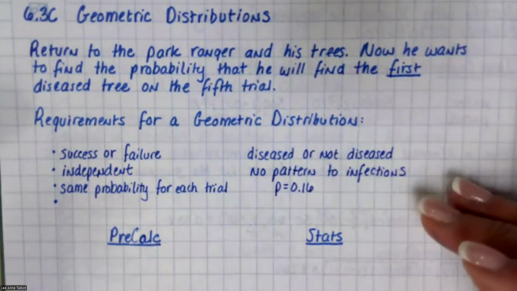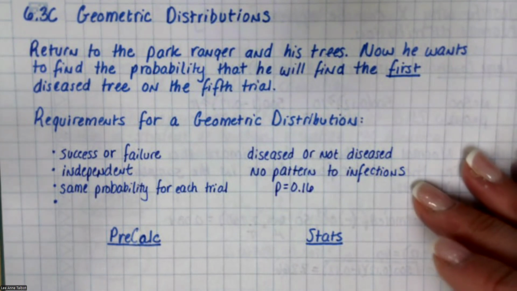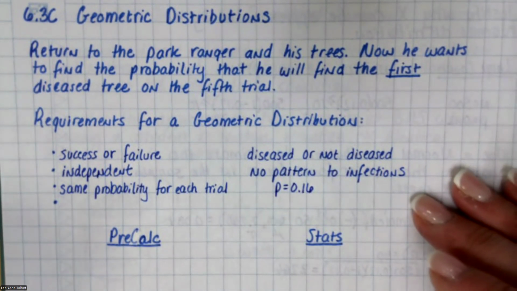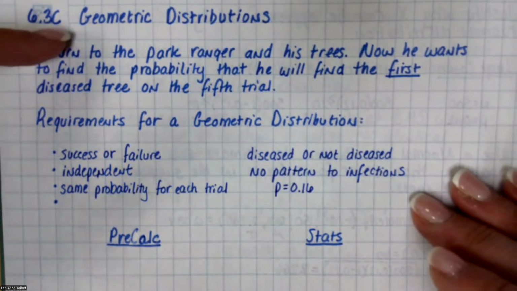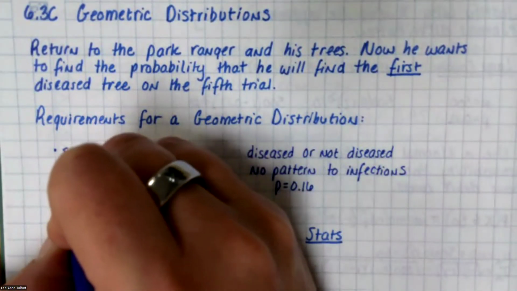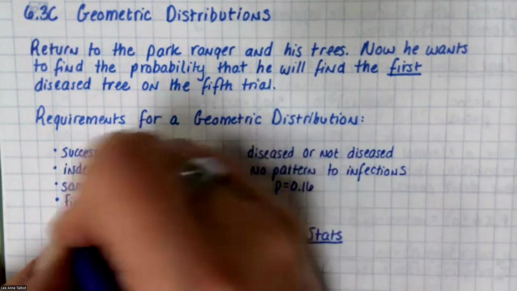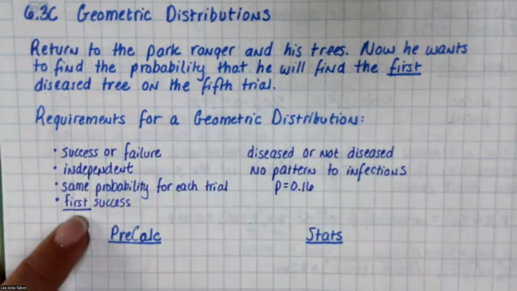This is now where geometric and binomial differ. On binomial, you have a fixed number of trials. On geometric, you do not have a fixed number of trials. You're looking for the first success. I'm going to underline this word first.